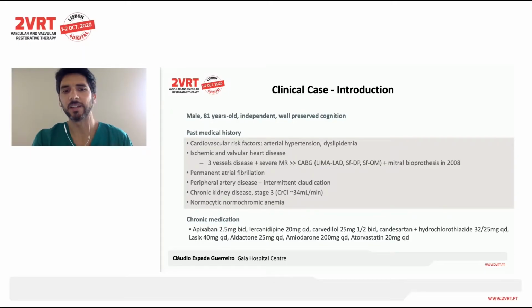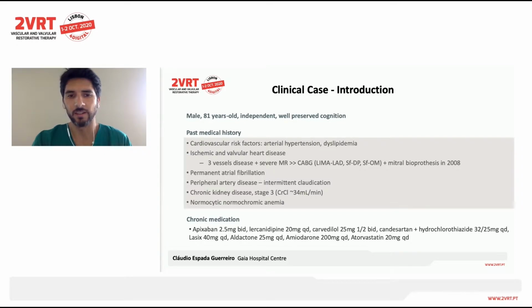Okay. This is a clinical case of an 81-year-old male, independent with well-preserved cognition. He had history of ischemic and valvular heart disease, 3 vessels disease, and severe mitral regurgitation. He underwent CABG with a limit to LAD, a saphenous vein to DP, and another saphenous vein to obtuse marginal artery. And also he had a replacement of mitral valve with bioprosthesis in 2008.